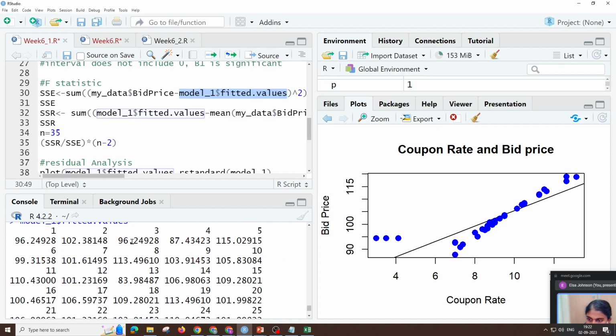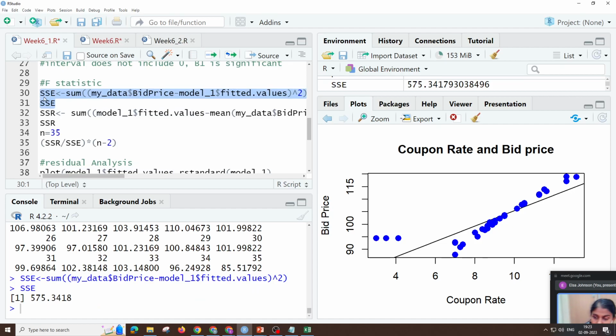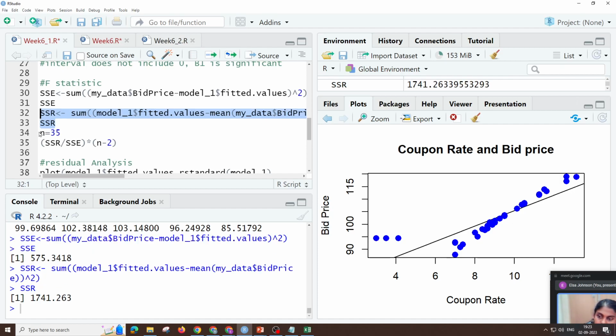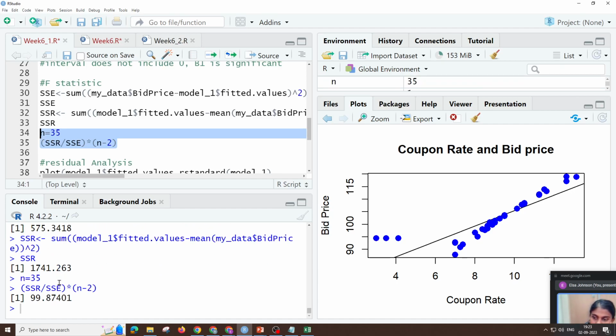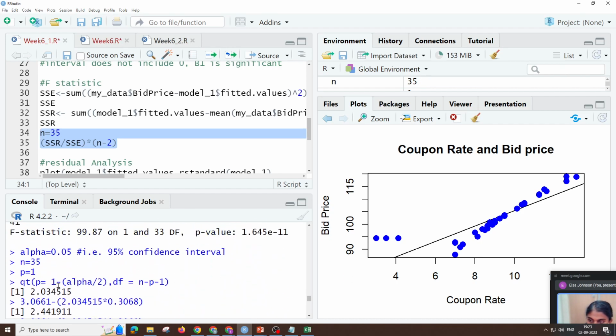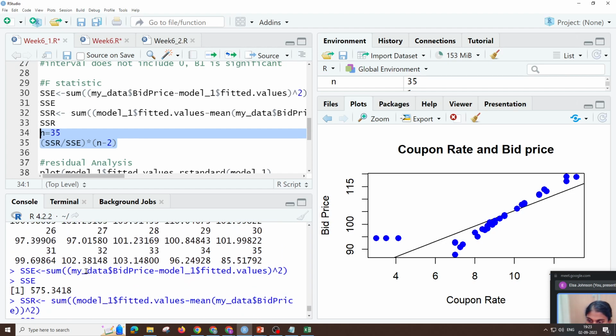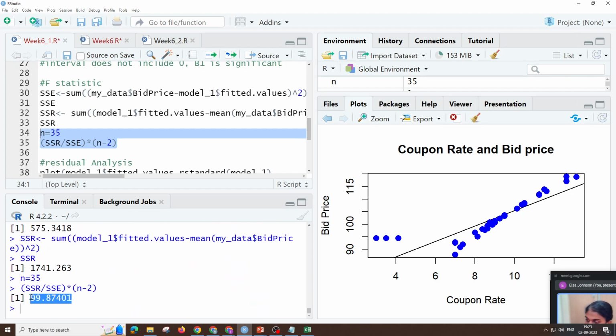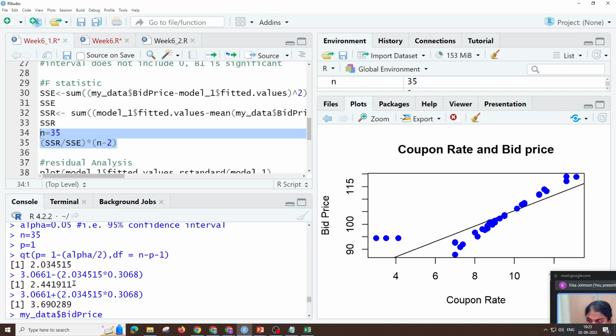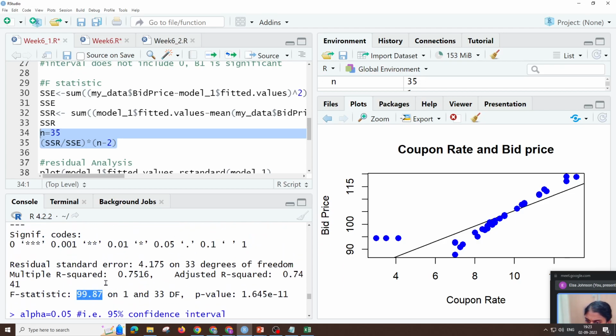The sum of this will give you the sum squared error as 575.3418, and the sum squared residuals is this much. The n value is 35. If you do like this, you get the F statistic value 99.87. You can calculate it in this way also, and if you get the summary of the model also, you'll get the same answer.